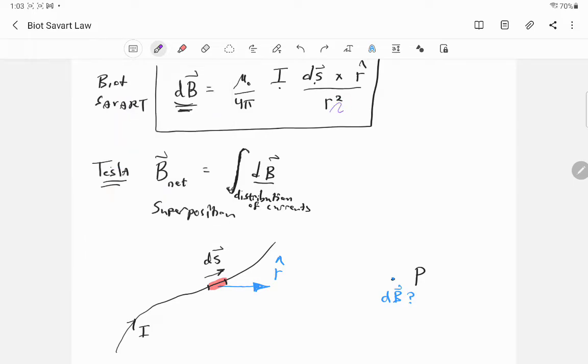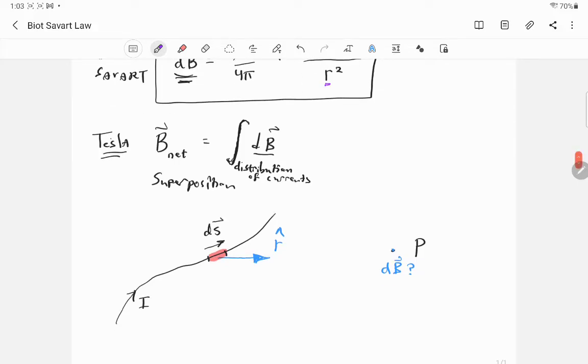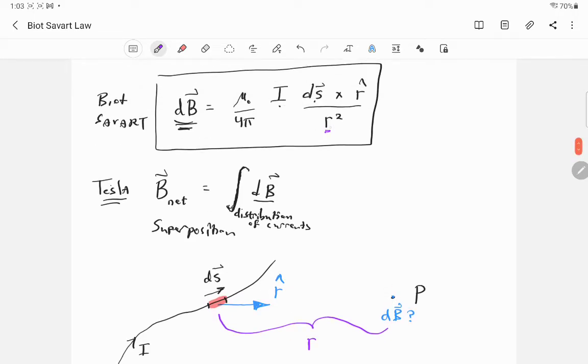So I'll do this one in purple. R squared is the square of the distance from the current segment out to the location where I want to know the magnetic field. So I'm going to have to divide by r squared.